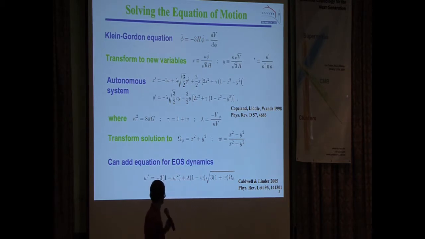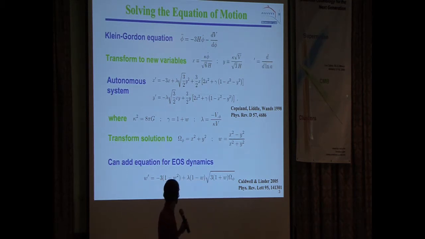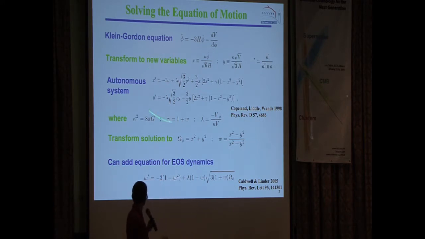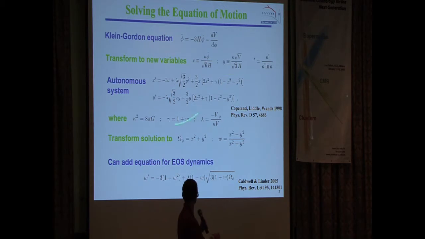But again, it's very simple to put this up. If you want to modify your dark energy by putting in negative kinetic terms, by putting in couplings and so forth, you can still put it in these terms pretty easily. So you can go through and just numerically solve this system of equations. It's convenient to transform either at the end, or you can actually transform these equations at the beginning into things that are closer to the observables.